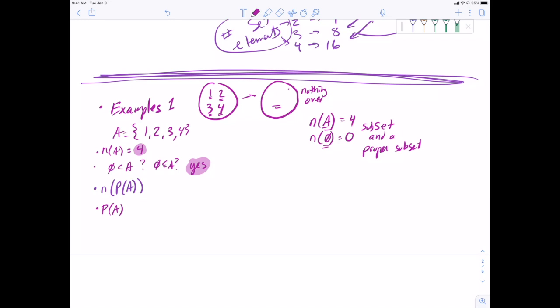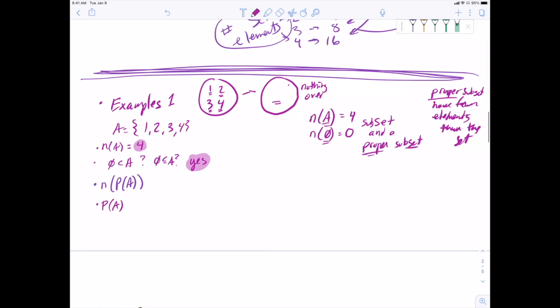Proper subsets always have fewer elements than the set. Just remember that.